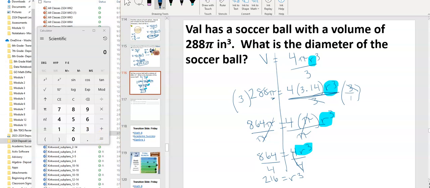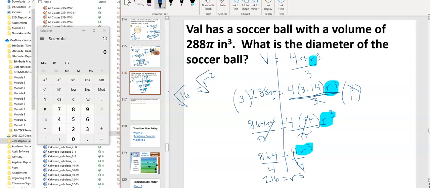If you remember back to when you had r squared equaled a number and we did a square root to get rid of it. Well, we're going to do that same thing over here, but we're doing it with a cube root. So we're actually going to do the cube root of r cubed. Okay, I'll do the opposite to get rid of that cube and get me just r.